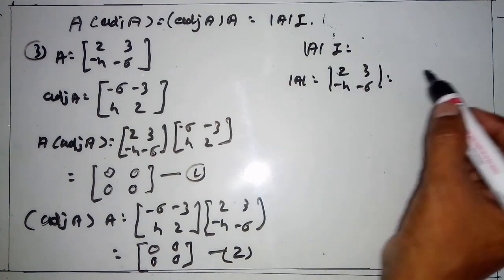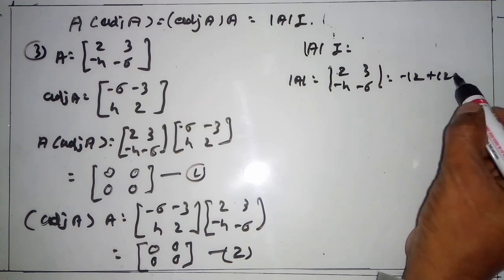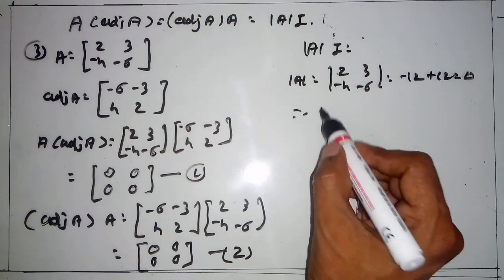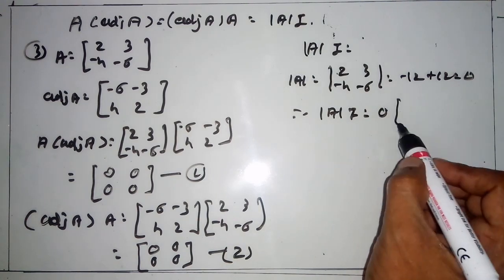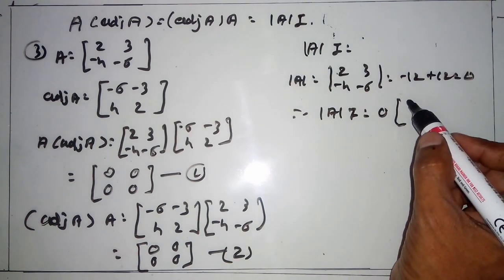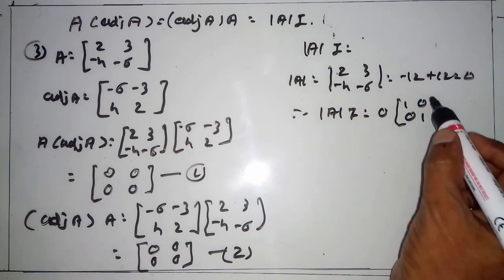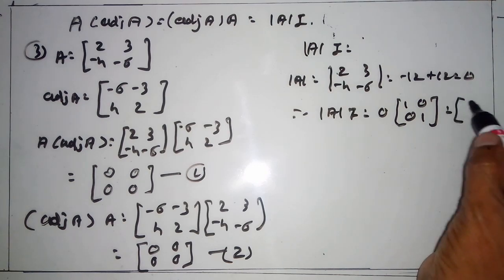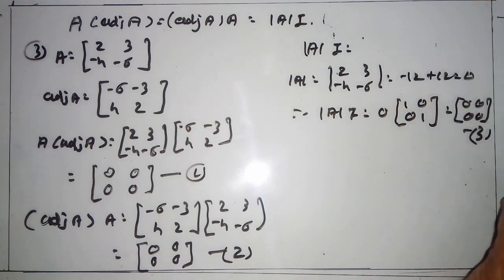So it is the product of these two, minus 12, minus minus, plus 12. So it is equal to 0. Therefore, determinant of A into I is equal to 0 into I, where I is the 2 cross 2 identity matrix, 1, 0, 0, 1. So it becomes 0, 0, 0, 0. Clear? Take this as result number 3.